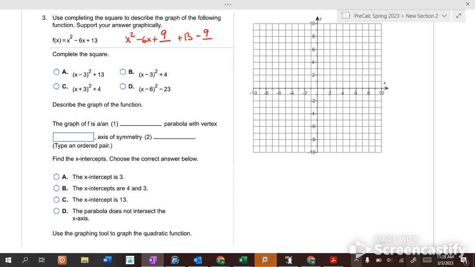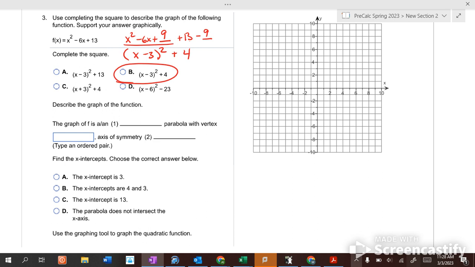So we're going to add and subtract 9 to this. So it's going to be x minus 3 quantity squared. That's this, because we made a perfect square trinomial. So that's our squared after we factor it. 13 minus 9 is plus 4. So it's this one here is the correct answer.